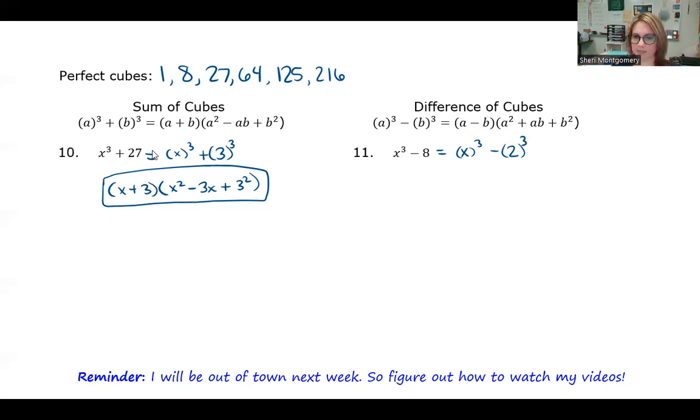So the formula says that it should be x minus 2. And then I will have first position squared, so x squared minus the 2 things multiplied together, so 2x. And then the last position squared, so 2 squared.